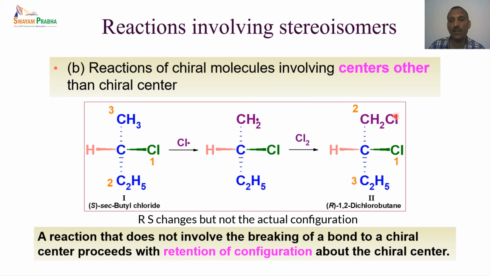Because the reaction happened at a center other than the chiral center. So that means when a reaction occurs any place other than the chiral center, we don't care because the absolute configuration of that particular chiral center will not change.